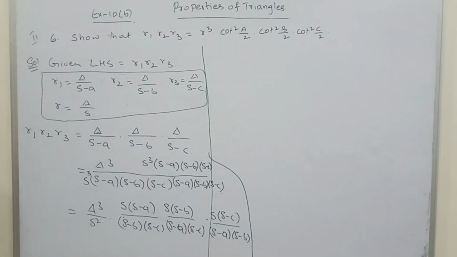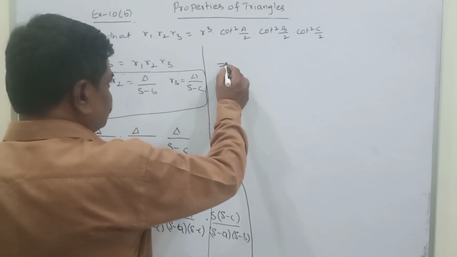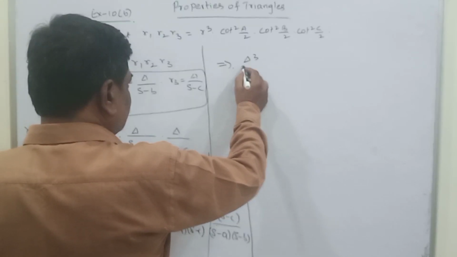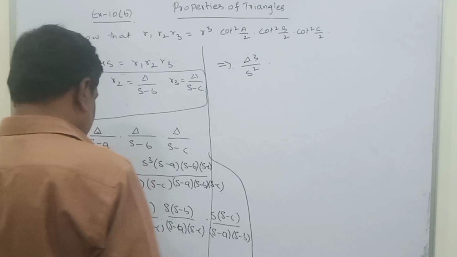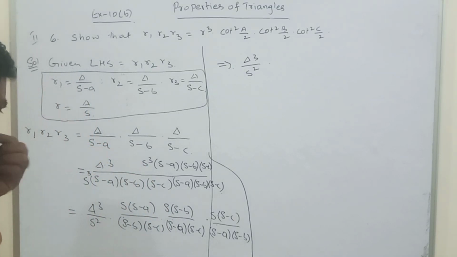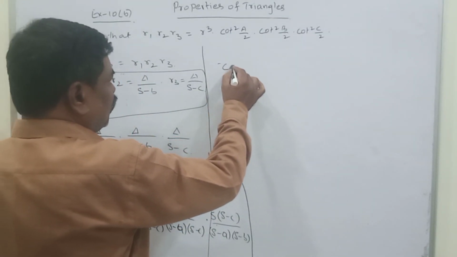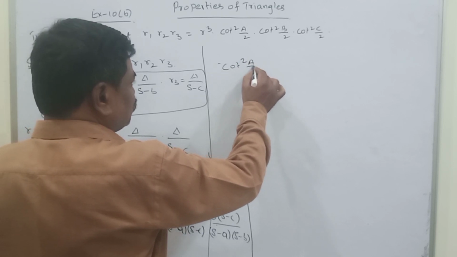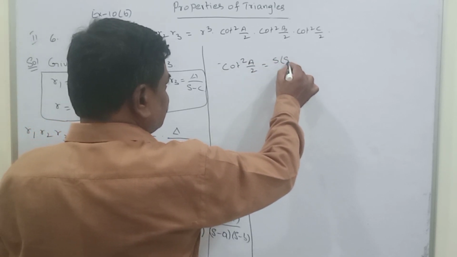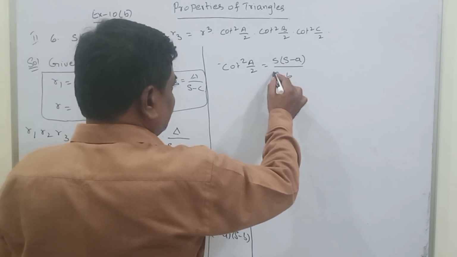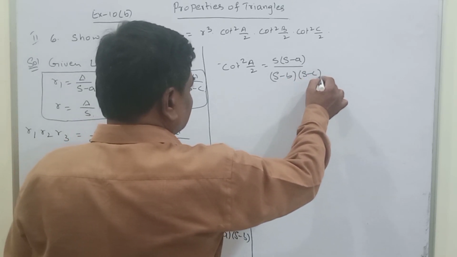So you observe here this implies delta cube by S square. So we know that cot square A by 2 is equal to S into S minus A by S minus B into S minus C formula.